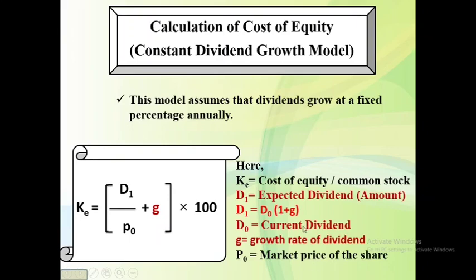But if there is current dividend instead of expected dividend, then we have to calculate expected dividend from that current dividend by using this formula. This formula contains D1, that means expected dividend, equal to D0 into 1 plus G. Here D0 stands for current dividend and G stands for growth rate of the dividend.